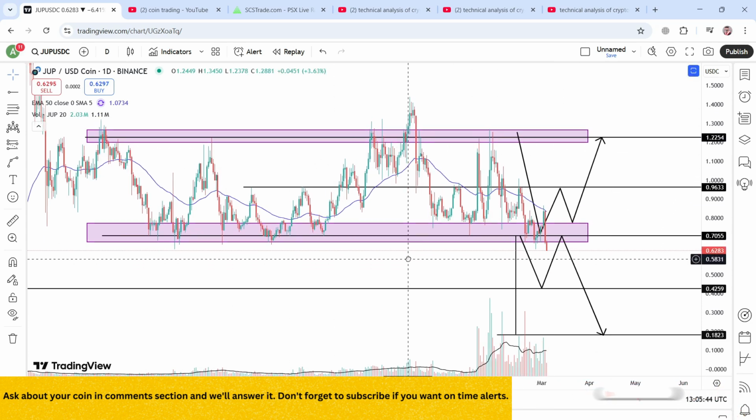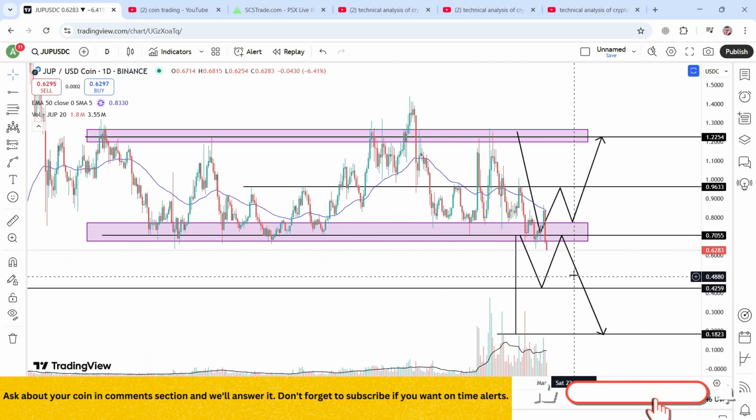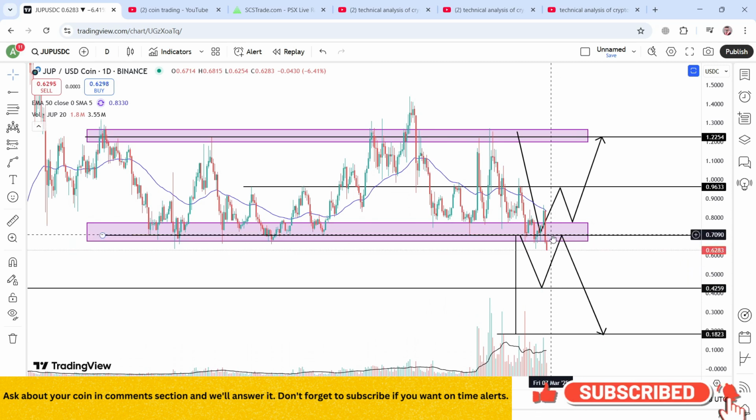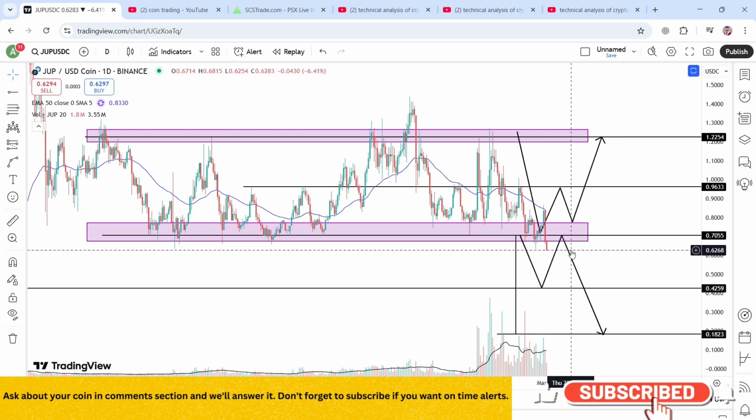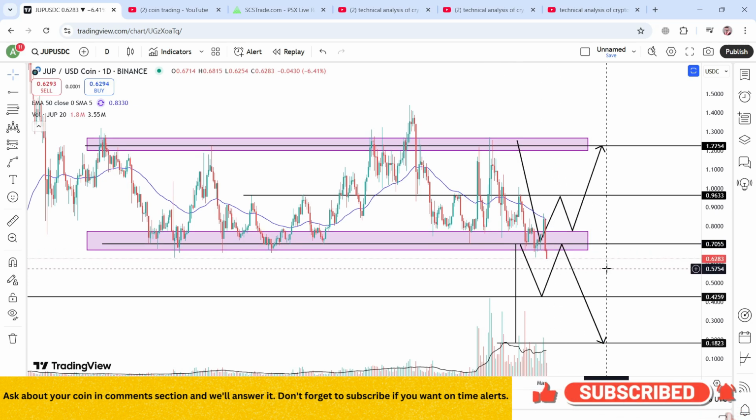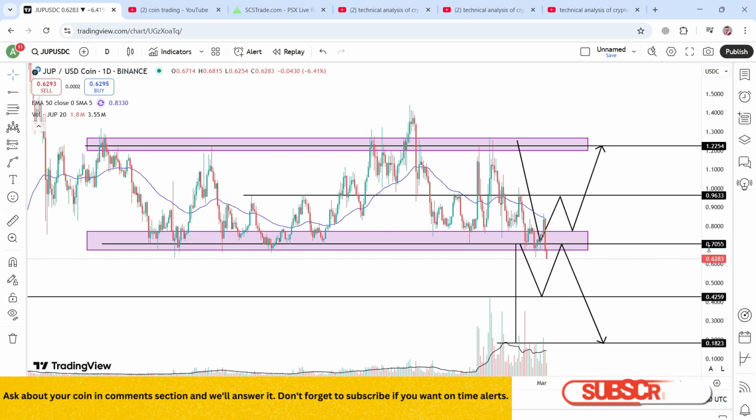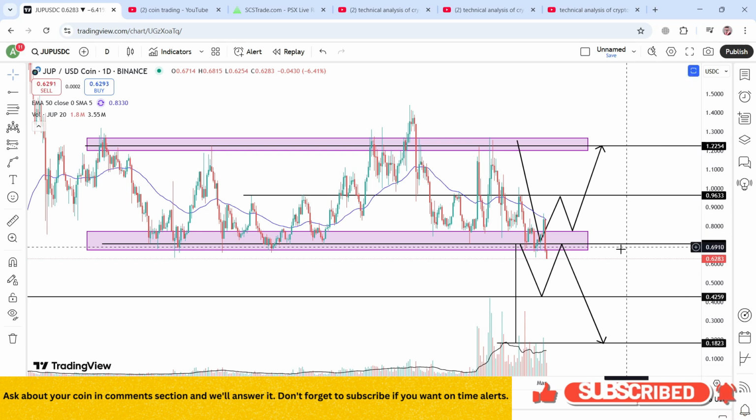If you guys want to go for buying, you need to make sure that prices sustain above this colorful zone, and you need to put your stop loss below this colorful zone. Your buying will be around 0.7055, your first target will be at 0.9633, and final target will be around 1.2254.